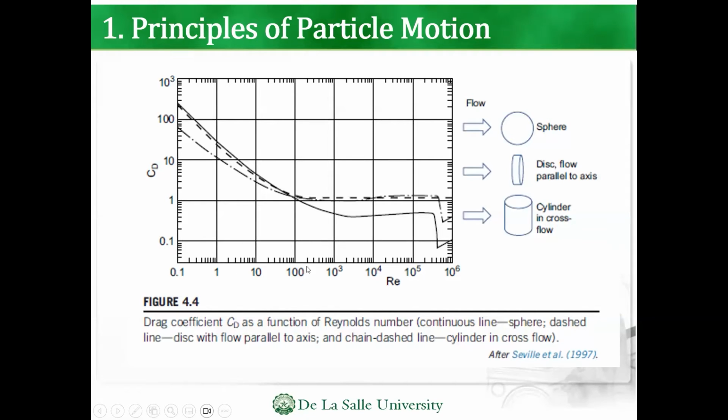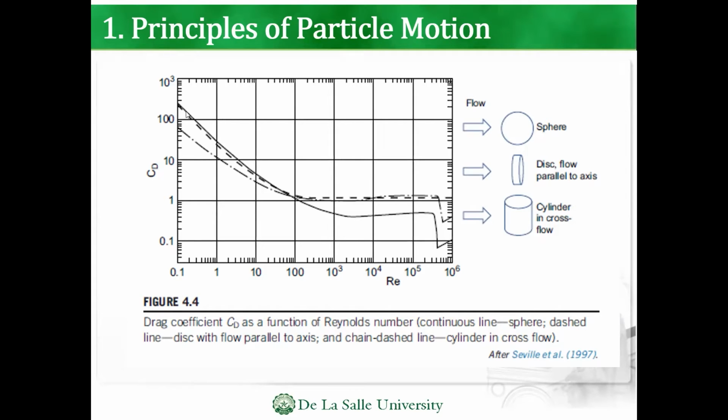As the flow becomes turbulent, what happens to the drag coefficient? There is a sudden decrease, and then it increases as well after a certain point. The continuous line is for the sphere, the dashed line is for the disks, and the chain dashed line, the one with circles in between, is for cylinders.